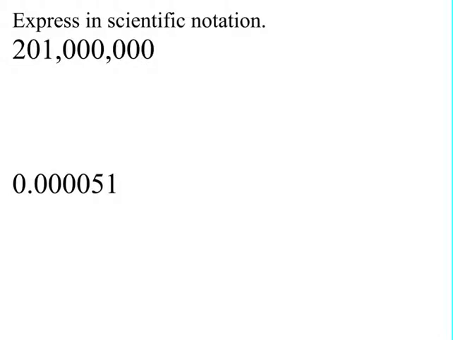So first of all, we are going to look at 201 million. So 201 and then 6 zeros if you're writing this down. My decimal is right here. So I'm going to move this decimal, in this case to the left, till I get a number between 1 and 10.